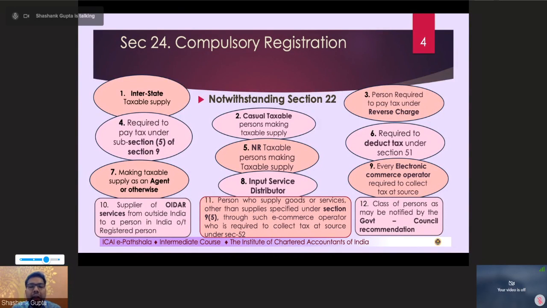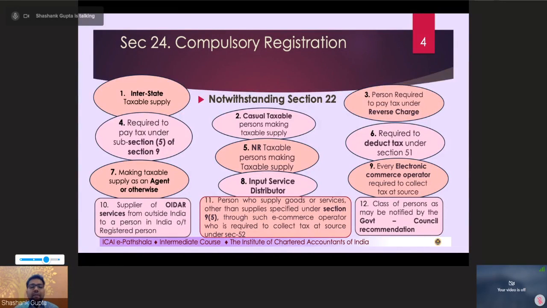A random, not very accurate example: can you play PUBG on your mobile if your internet connection is not functional? You cannot. Similarly, any database access and retrieval, generally referring to Google and everything. When they are providing services into India, they have been mandated to obtain registration in India.